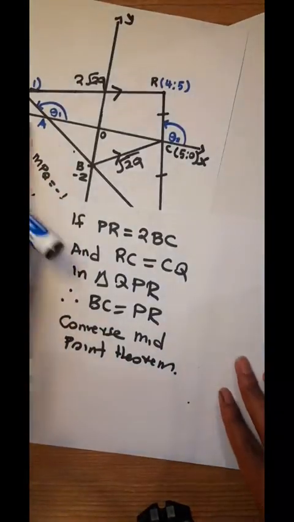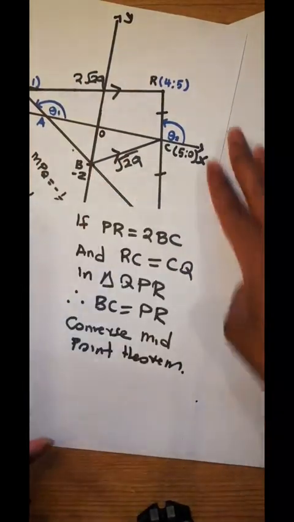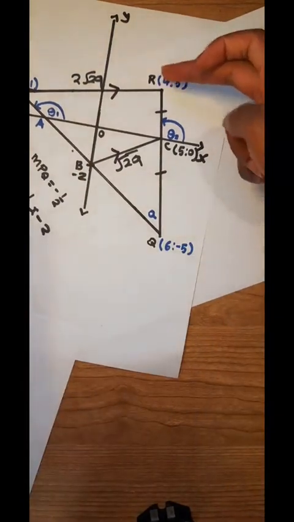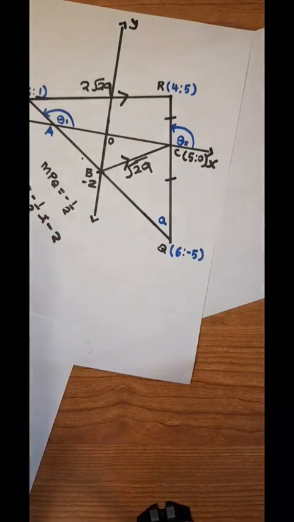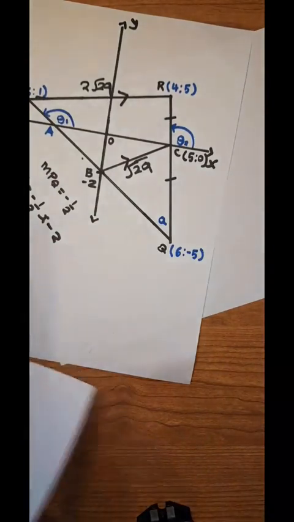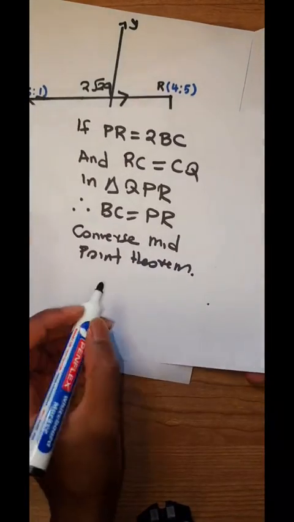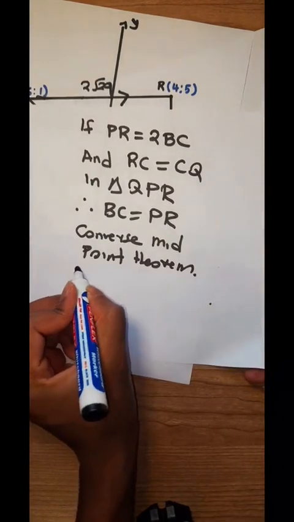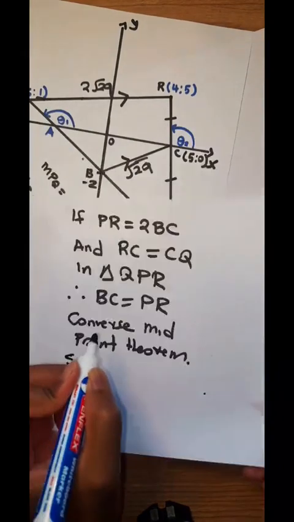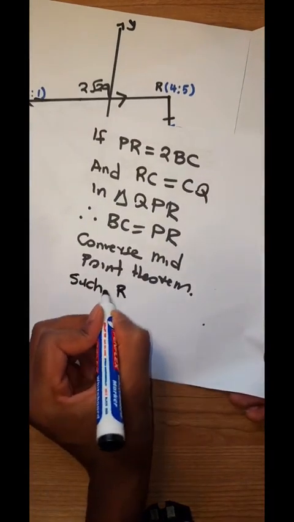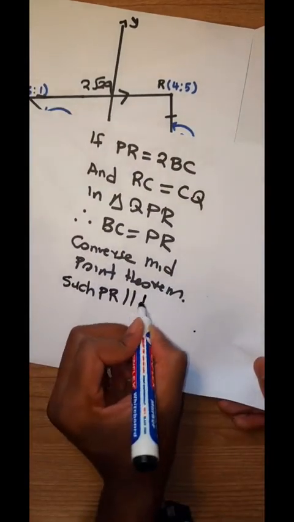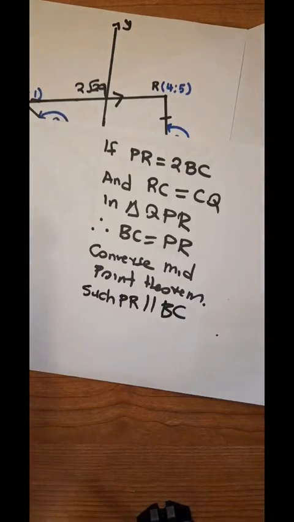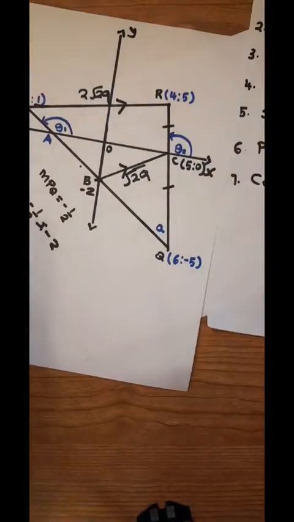So if PR is 2 times BC, and at the very same time, PC equals CQ on this triangle, that is the midpoint theorem. So in order for the midpoint theorem to happen, it means that indeed PR is parallel to PC. That is the midpoint theorem, ladies and gentlemen. Now let's go to the last question.